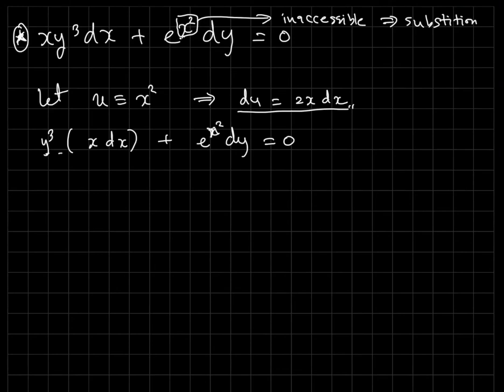So here I did this grouping because I noticed that it's very similar to this expression here. I just need a 2. And so I'm going to put a 2 here, but I don't want to change the value, so I'm going to also divide it by 2. So this term here did not actually change its value, but now I can substitute du for this term here.